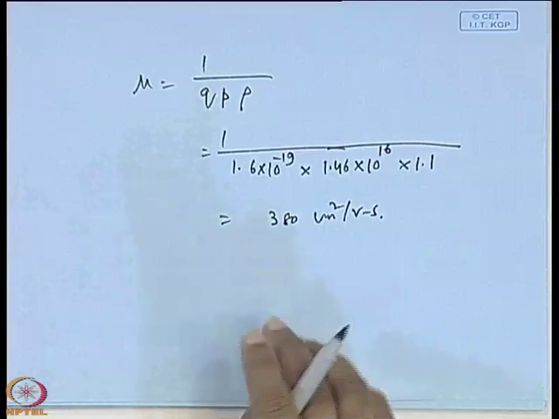So, this is an example using which you are in a position to determine the material parameters of a p or n type semiconducting sample, which is essential for its application in the electronic industry. Okay. So, that is very important.